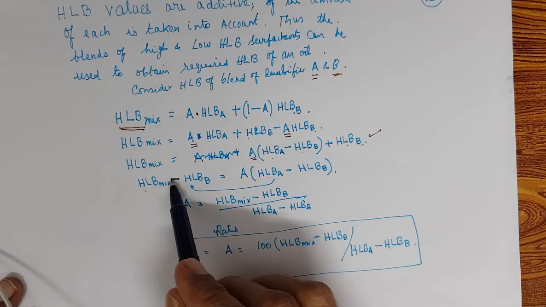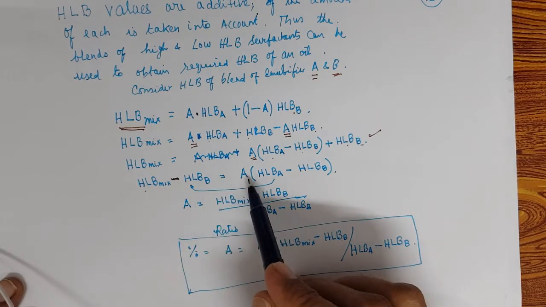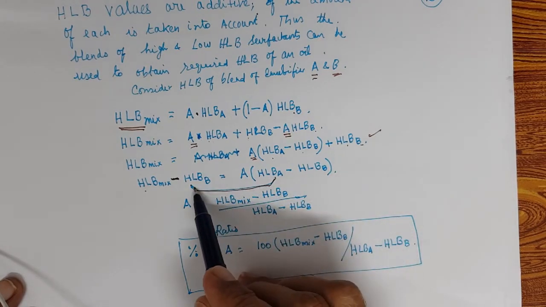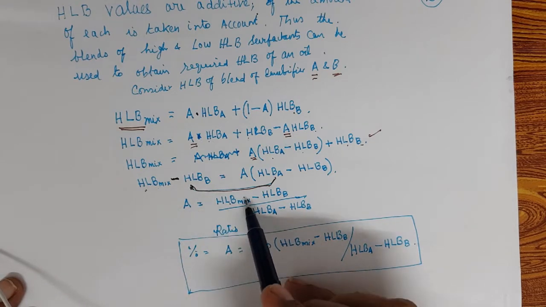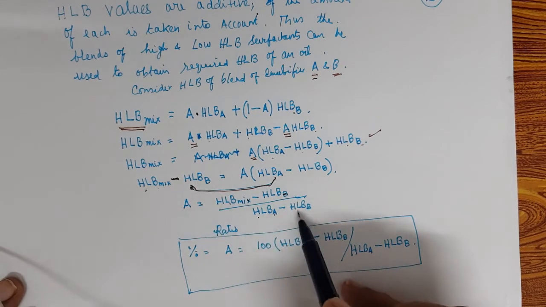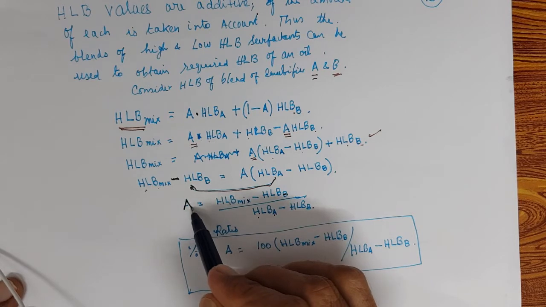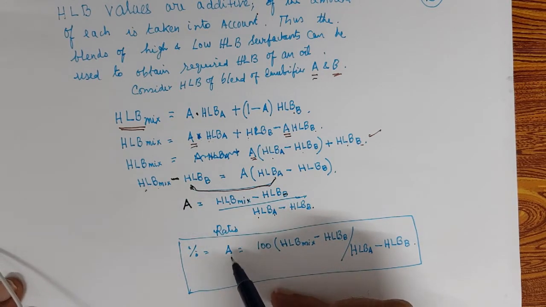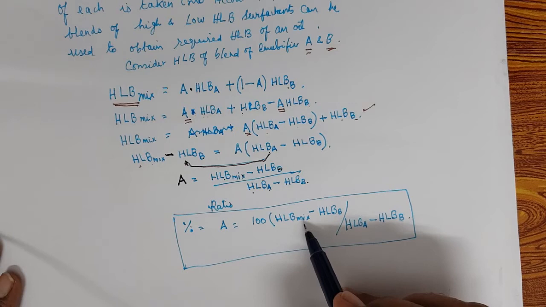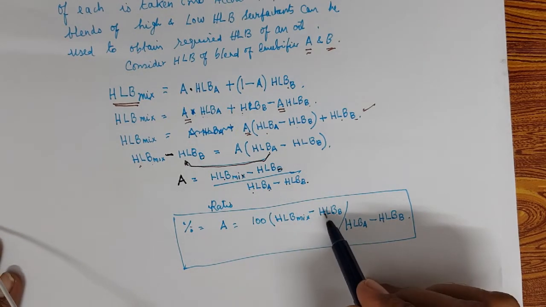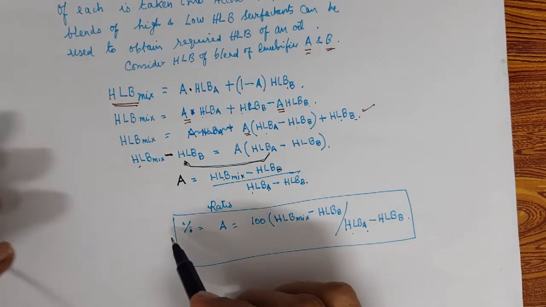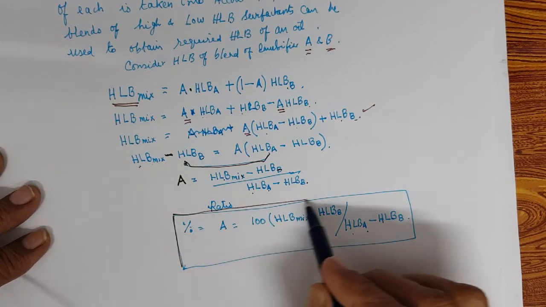So HLB of the mixture minus HLB B is equal to A into HLB A minus HLB B. If you bring this totally to this side, it becomes HLB mixture minus HLB B by HLB A minus HLB B. So if you know the percentage of A, if you calculate as percentage, you have to use 100. 100 into HLB of the mixture minus HLB of B by HLB of A minus HLB of B. This is the equation that we have derived, right?